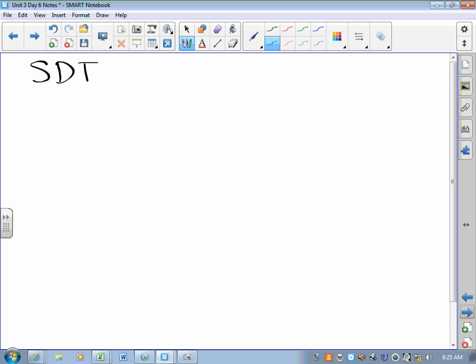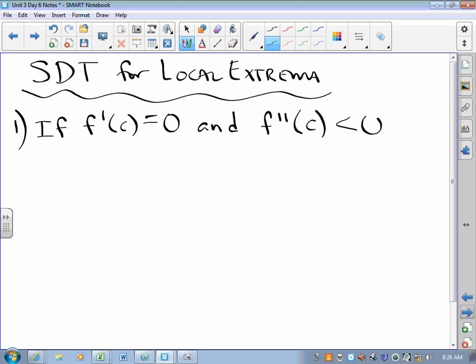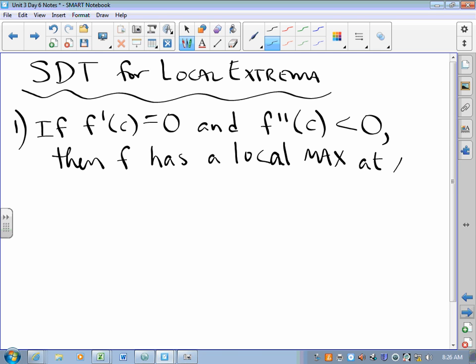This is the second derivative test for local extrema. And it goes like this. One, if f prime of c is 0, and f double prime of c is negative, then f has a local max at x equals c.